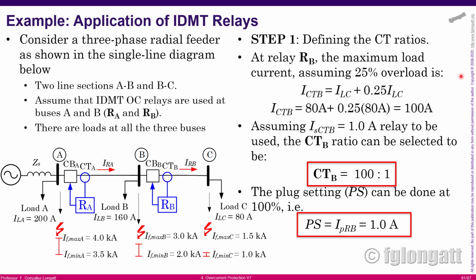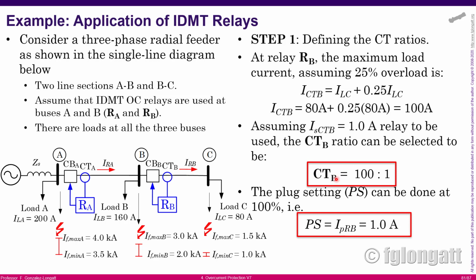For that reason, when we put the numbers together, that means that the current going to the primary of the CTB is 100 amps, okay? We are assuming that the secondary of this transformer is the classical 1 amp current that is going to the relay, okay? For that reason, it's extremely simple.